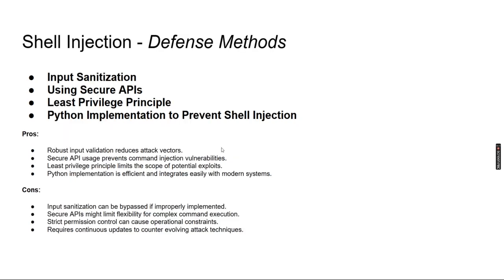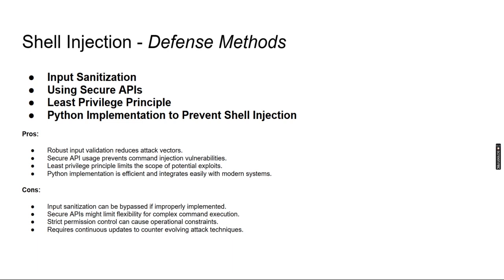Finally, onto shell injection. Input sanitization ensures that all user inputs are validated and sanitized, just like the XSS method. Using secure APIs, such as the Python library called subprocess, will ensure that only controlled parameters are used.